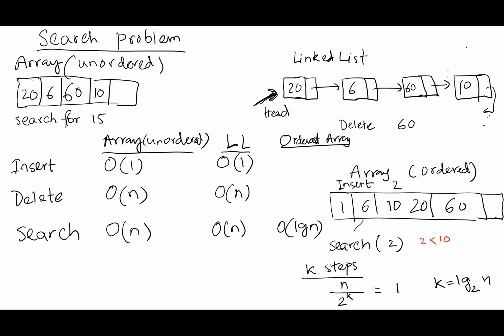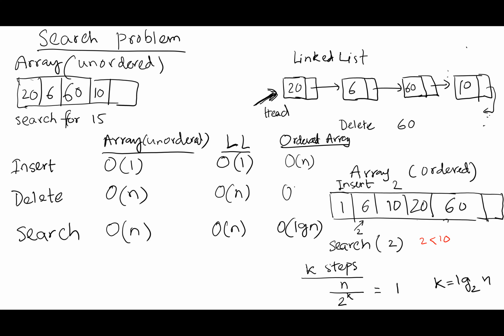I can find that 2 belongs here, but I have to start from the beginning to see where 2 belongs. That itself takes order of n. Not only that, I may have to shift everything to the right. That also takes order of n. So order of n plus order of n, so the insert becomes order of n.